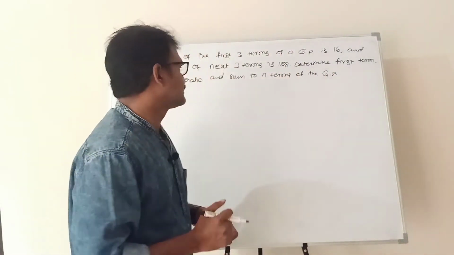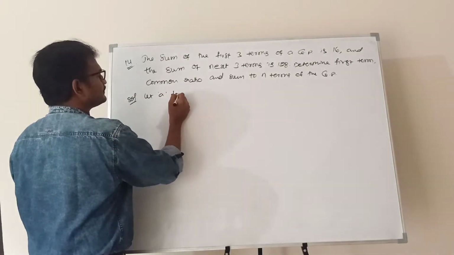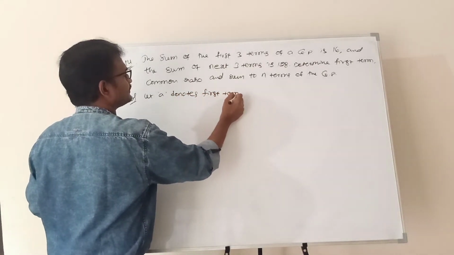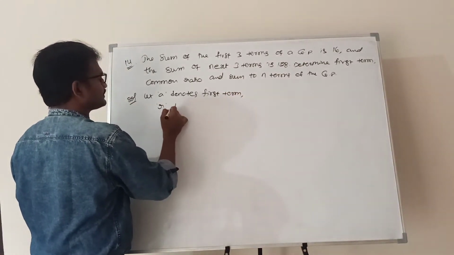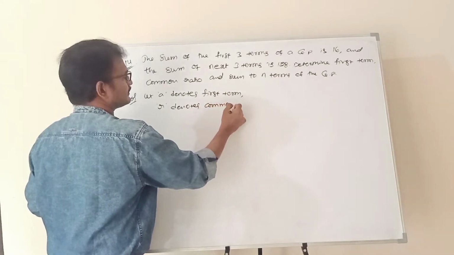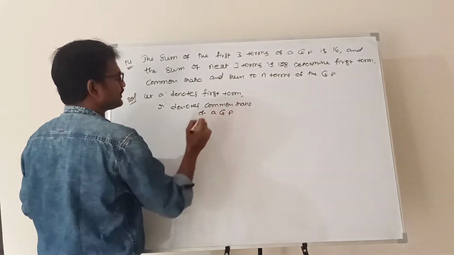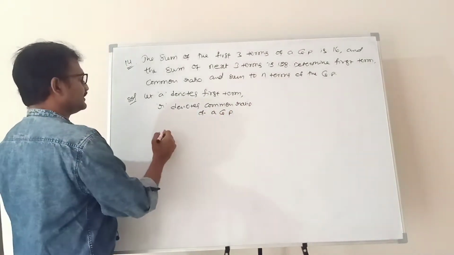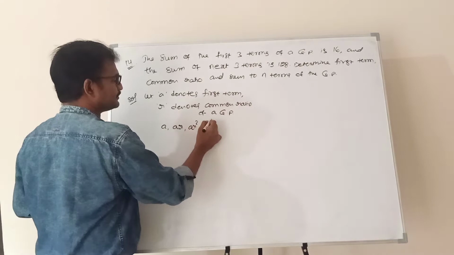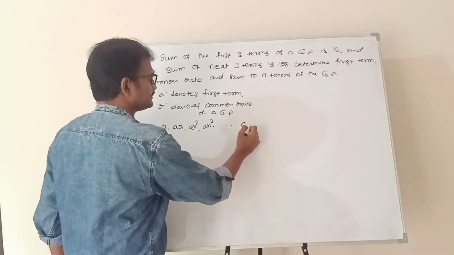So let a denote the first term, and r denote the common ratio of a GP. Then a, ar, ar square, ar cube, and so on. This sequence denotes the GP.